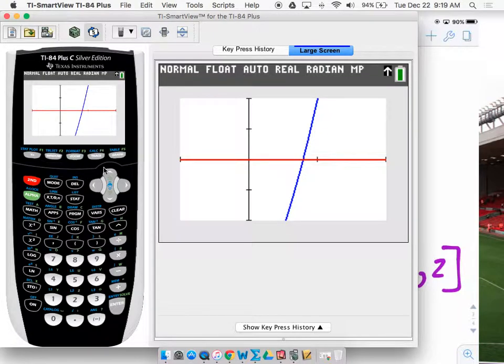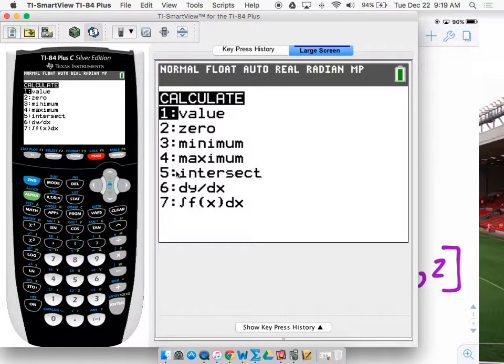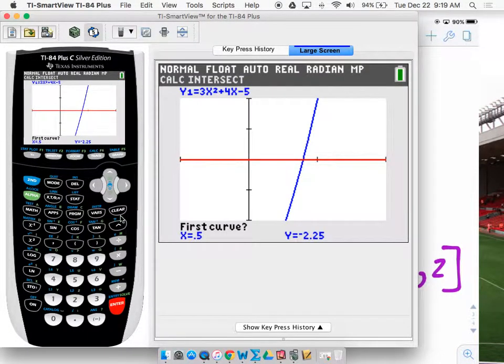So second trace, number 5. We want to make sure that this is close to where they intersect each other, and then hit enter 3 times.